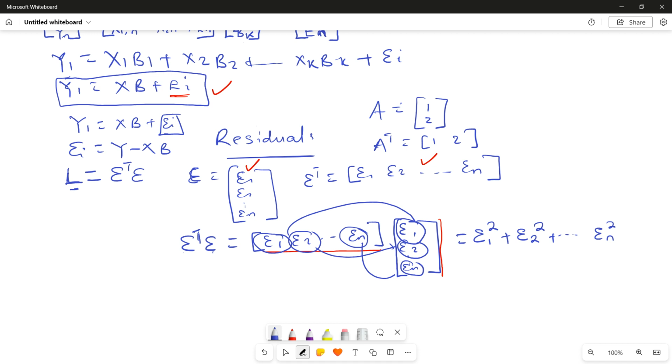This basically means that if I get the transpose of the error term times the original error term, this is just more like I'm summing up these error terms, the sum from i equals 1 to n of ei squared. You see? So in short, E transpose E is just a summation of the squares of the error term.